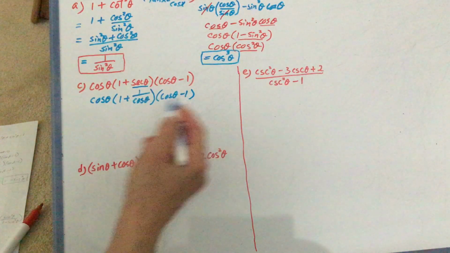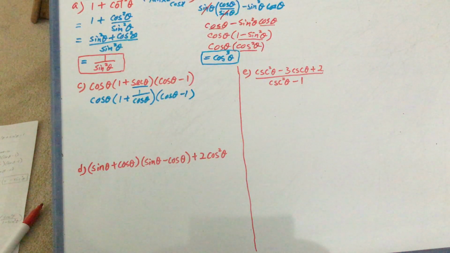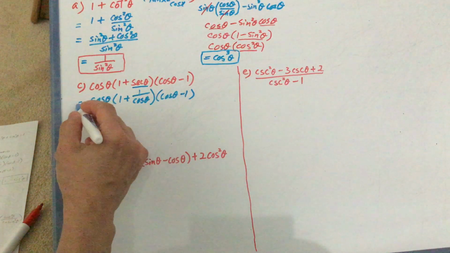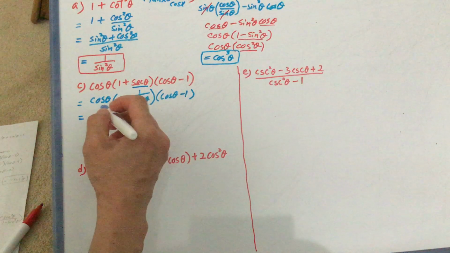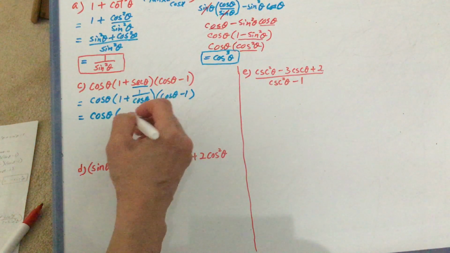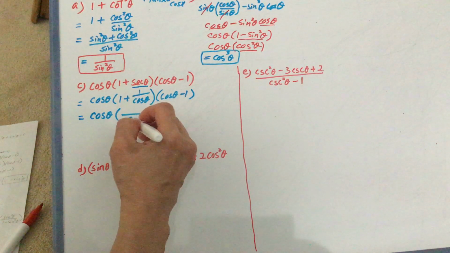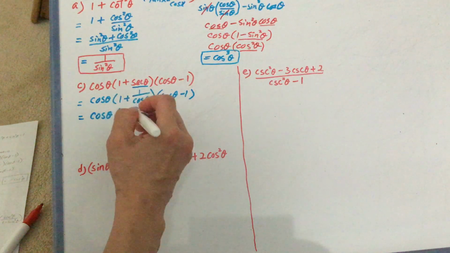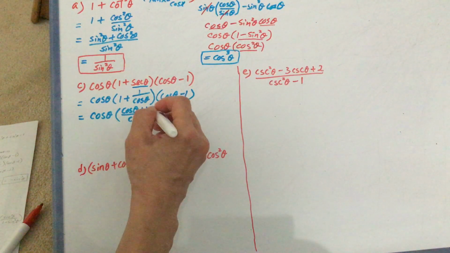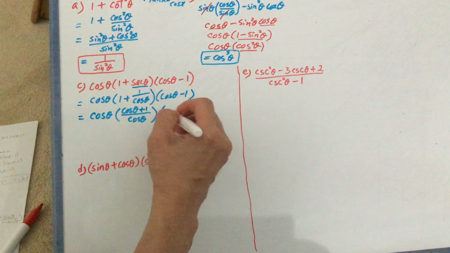So let's change everything in terms of cos now. Because of the 1 plus the fraction, we make it a common denominator of cos theta, so over here I have cos theta plus 1.